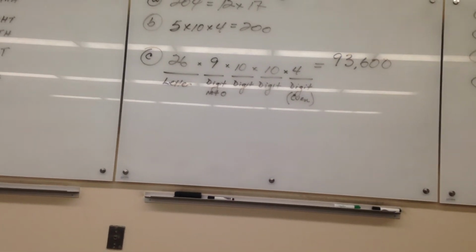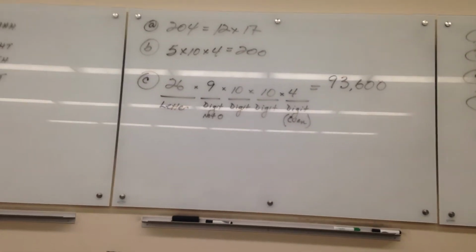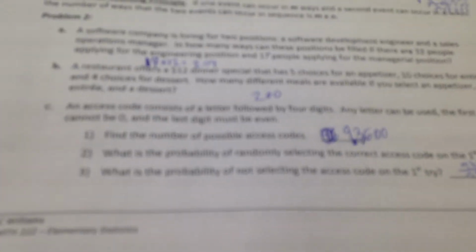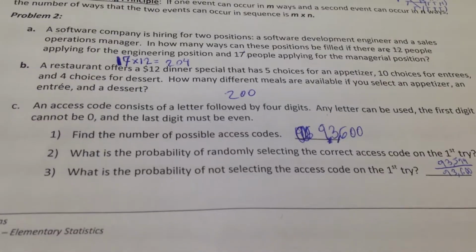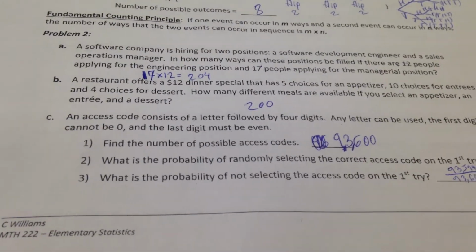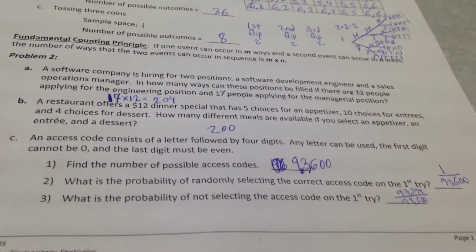All right, let's look at number 2 there. It says, what's the probability of randomly selecting the correct access code on the first try? So we just randomly try to guess this access code. What are our chances? 1 in 9,000.